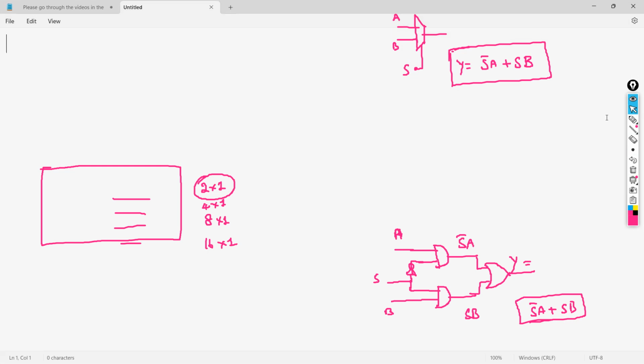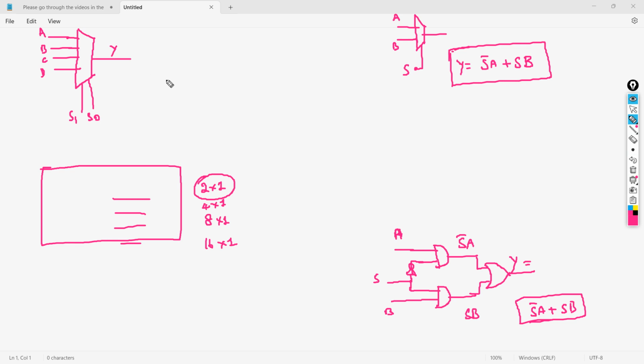So try figuring it out. It is going to be, say, S1, S0. Now A comes out in case both of them are 0. B, C, D. So it is going to be Y.